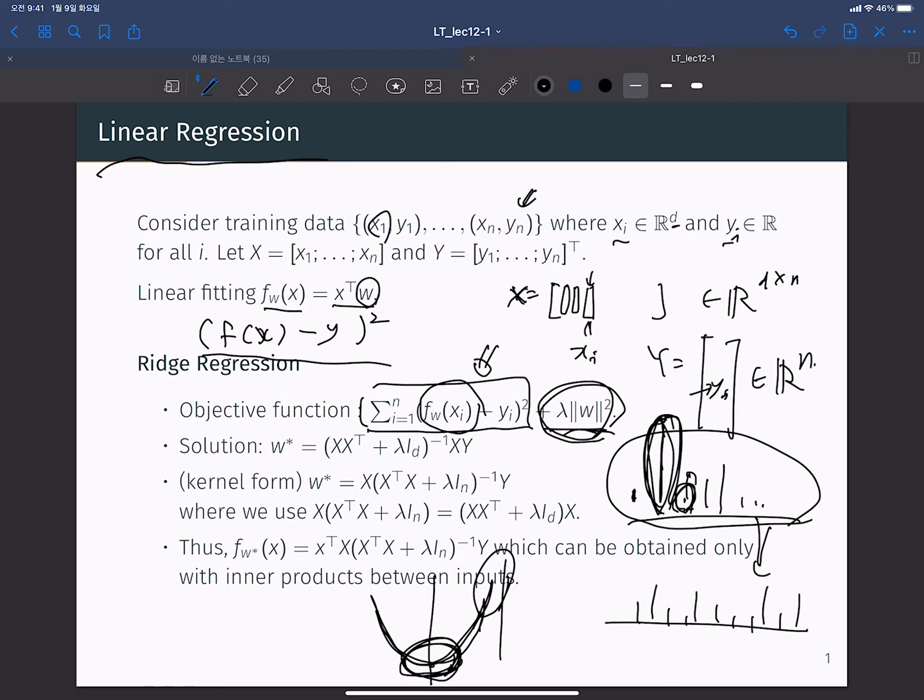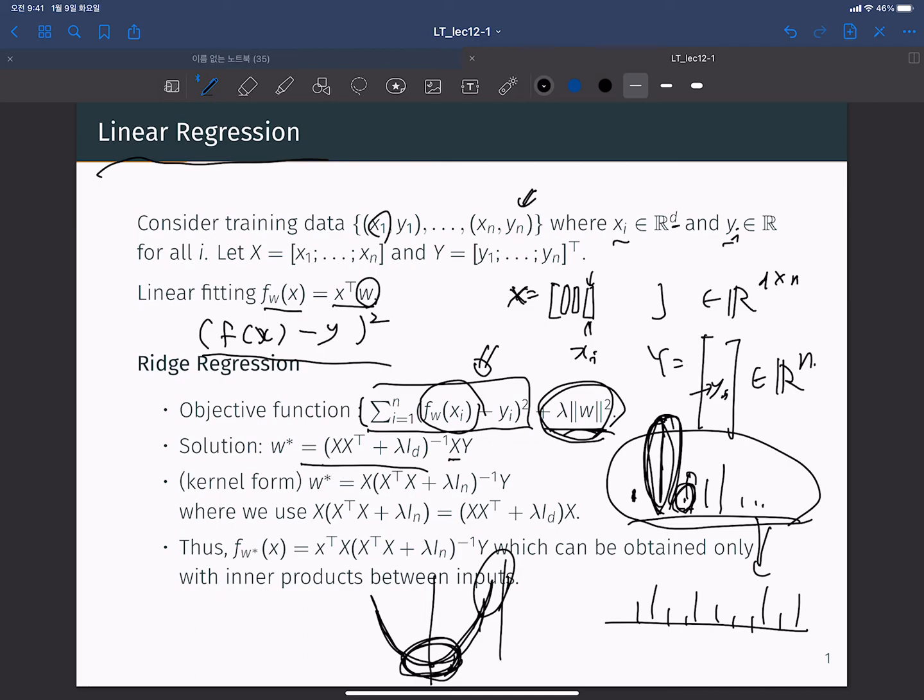So with this additional regularization, the solution is defined uniquely, and this is the solution. W star is equal to (XX transpose plus lambda I_D) inverse, times X times Y, the X matrix times Y. Okay.